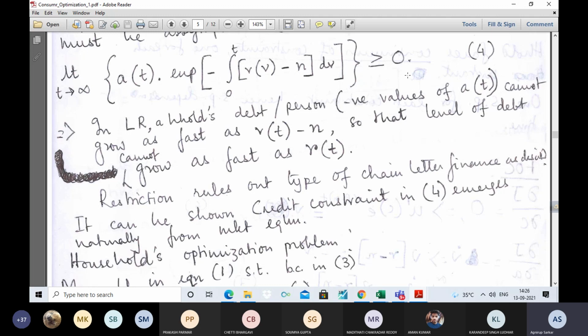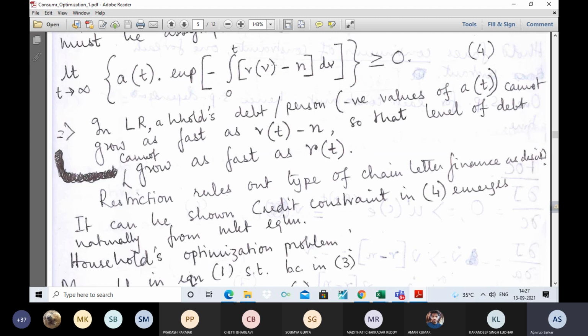You cannot keep on borrowing indefinitely, and that is ensured by this condition alone. It cannot grow at a rate more than this. It might grow as fast as this, but it cannot exceed r_t minus n. So the level of debt cannot grow as fast as the rate of return, the interest rate on assets.